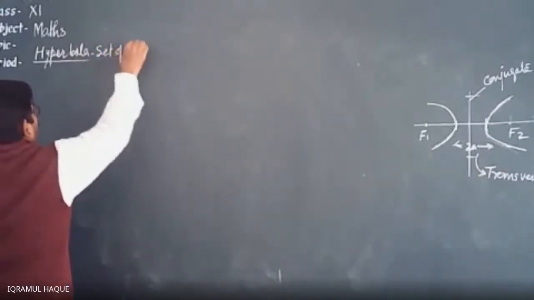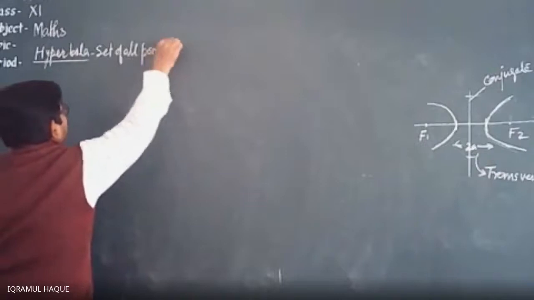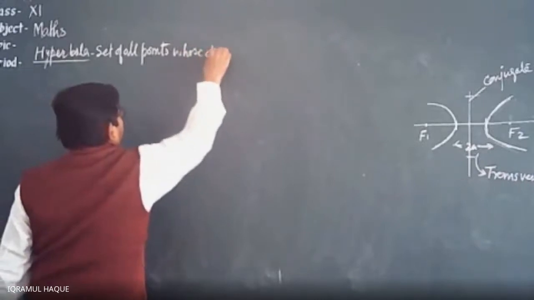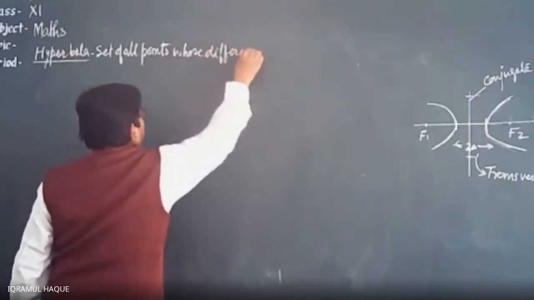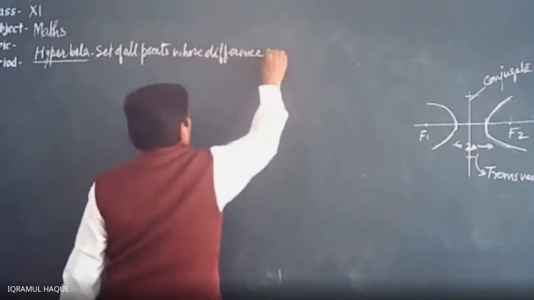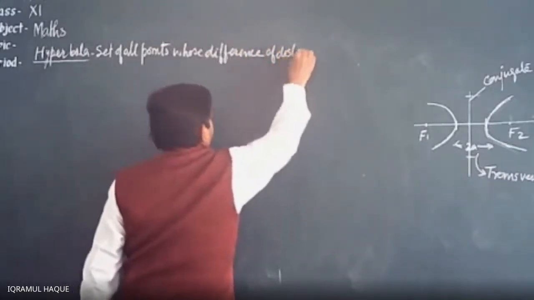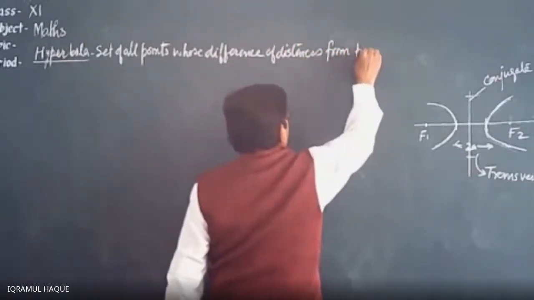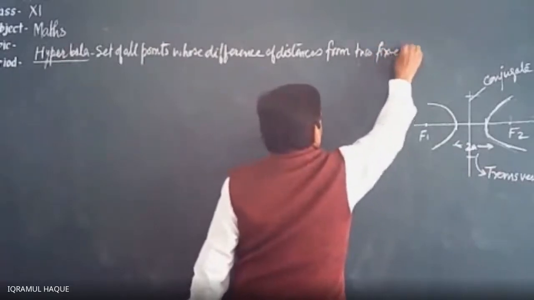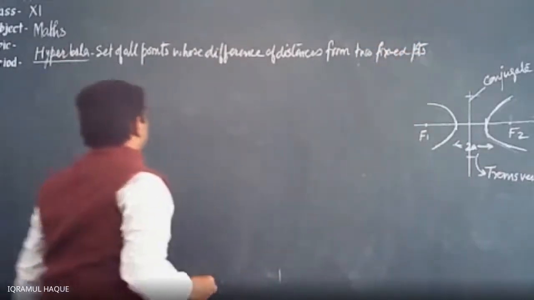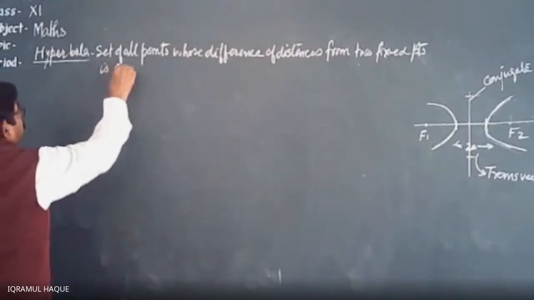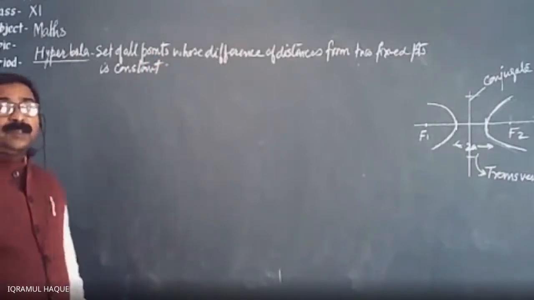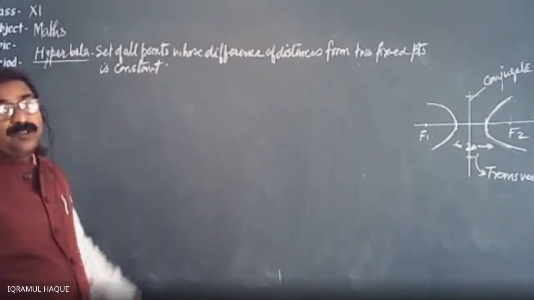Set of all points whose difference of distances from two fixed points is constant. In ellipse, it was given that the sum of distances was constant.